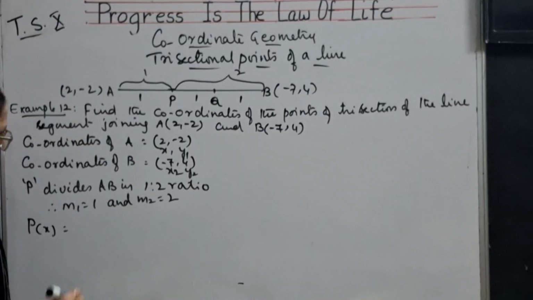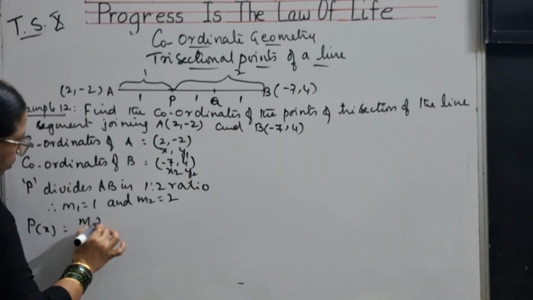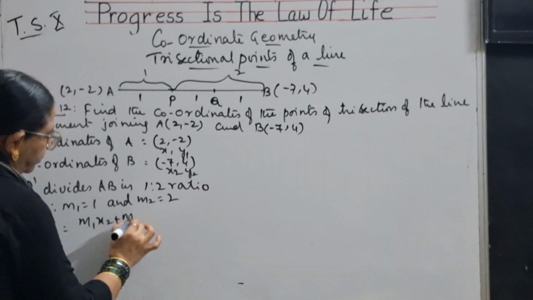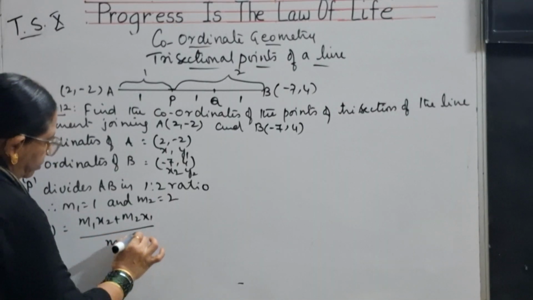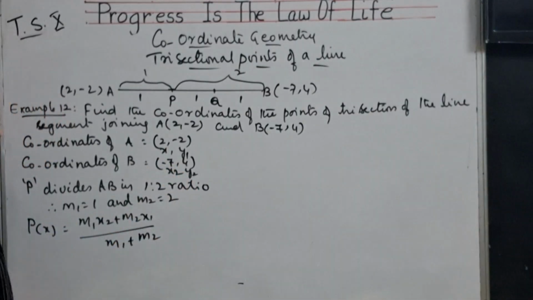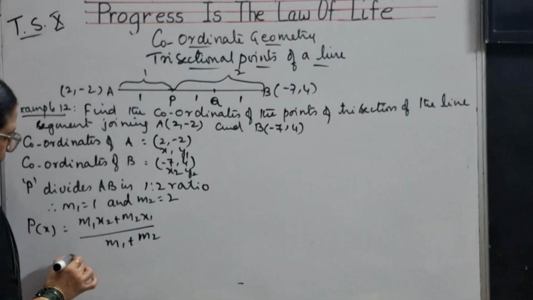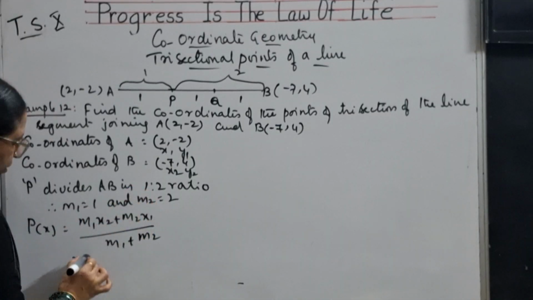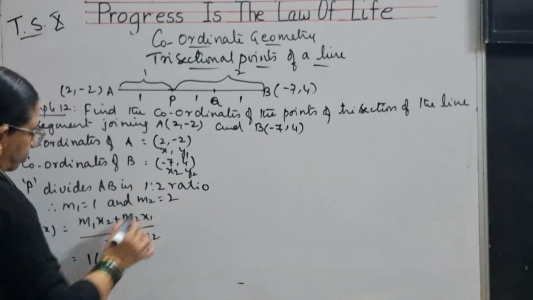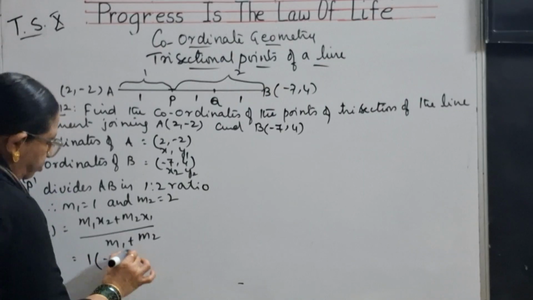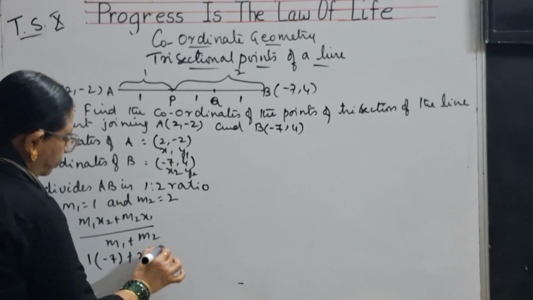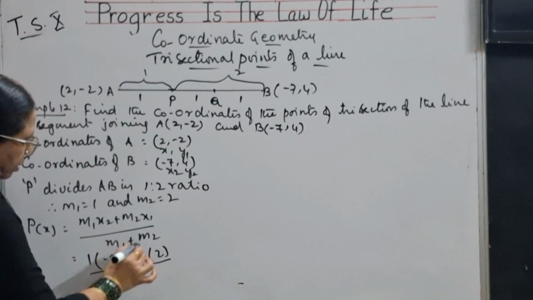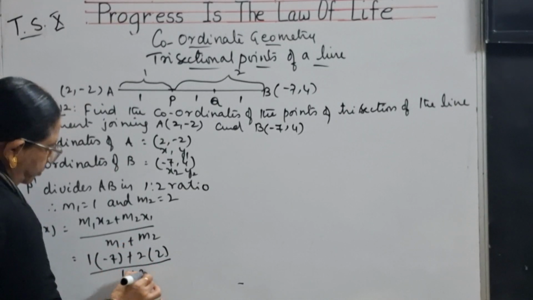Now you need coordinates. The x coordinate of P, you have m1 x2 plus m2 x1 by m1 plus m2. So how much is it? m1 is 1 into x2, -7, plus m2 is 2 into x1, 2, by m1 plus m2, 1 plus 2.